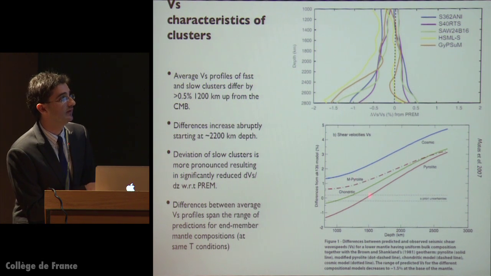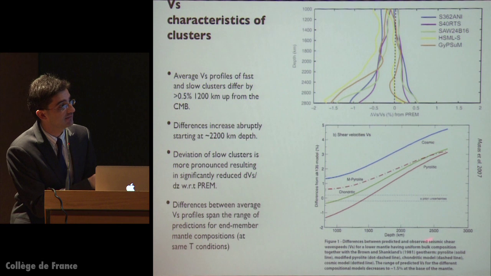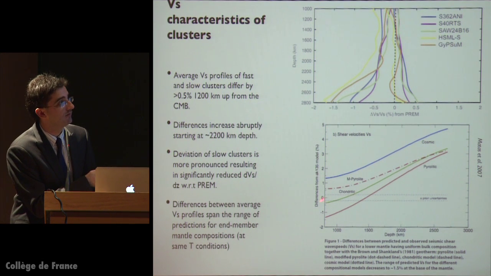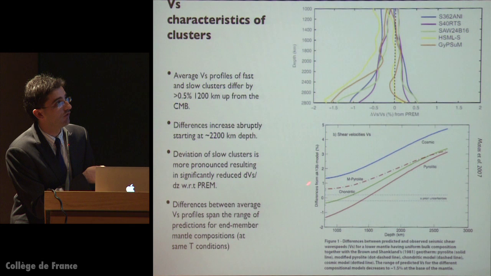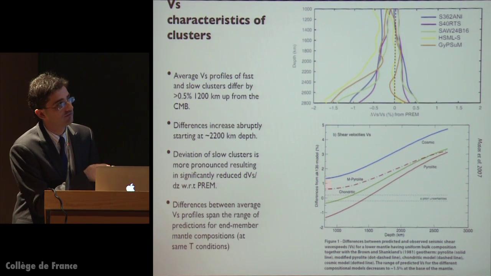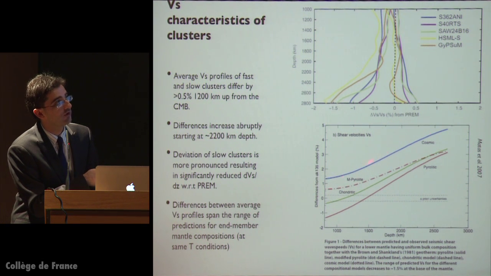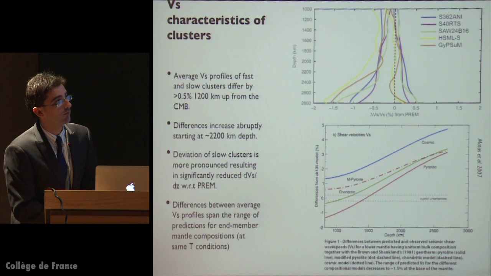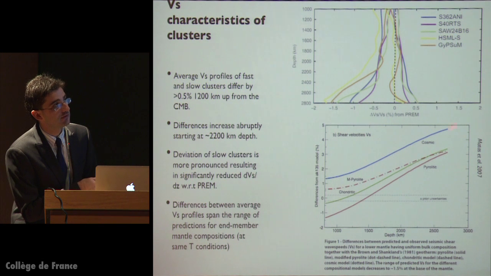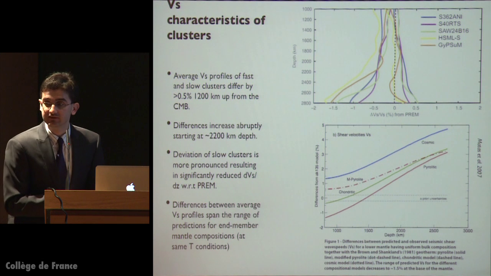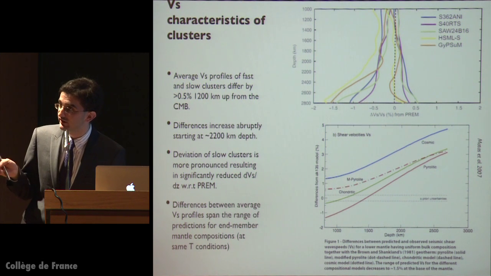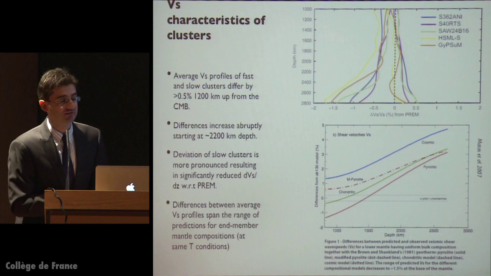So here I'm showing the predictions from Matas et al. of the difference of VS from the AK135 model, but really it's just a difference reference, between a pyrolytic, chondritic, and what they're calling a cosmic composition. My point with showing this figure is that at the base of the mantle, about a 1 to 1.5% difference in velocity spans the entire range of compositions.